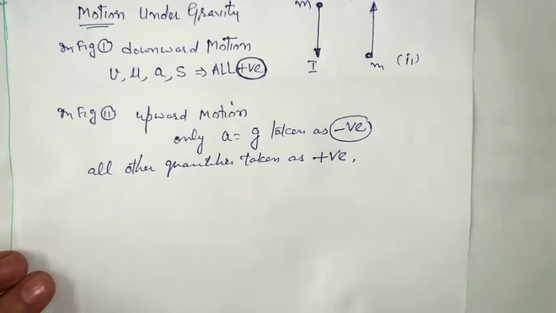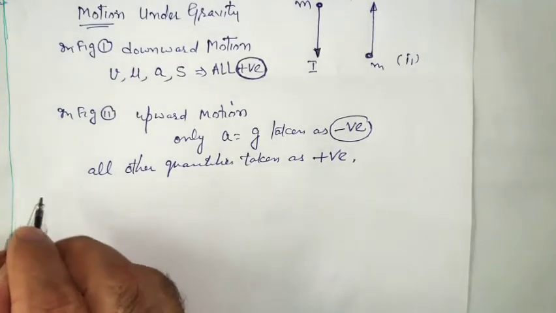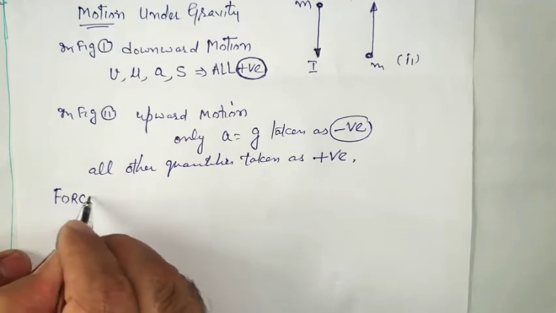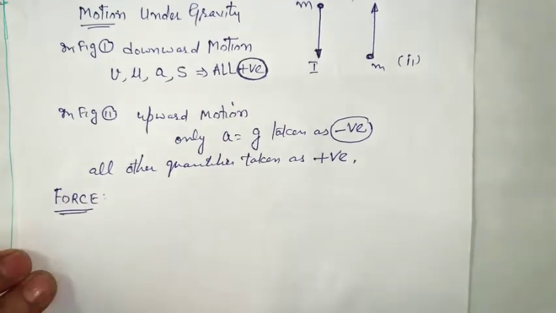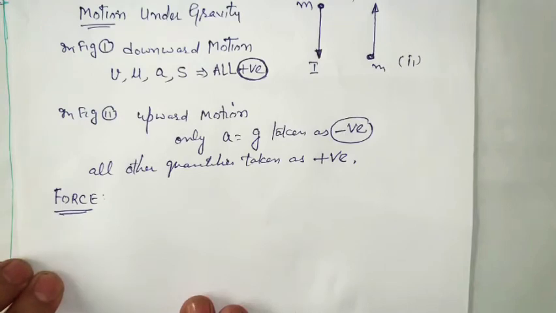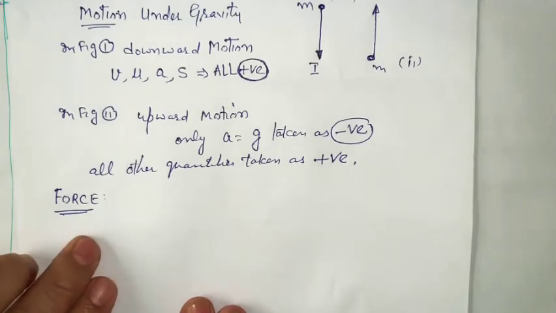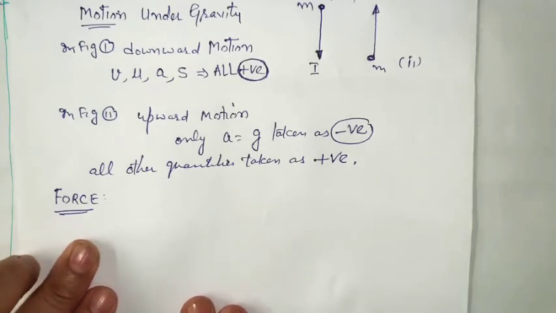Next, about force. It is very clear, when a body is in uniform motion, there is no need of force. But in some cases, in daily life, there is always an opposing force that comes into play.